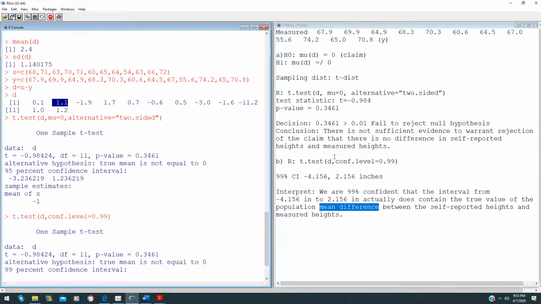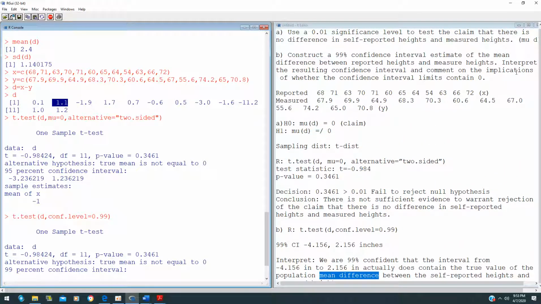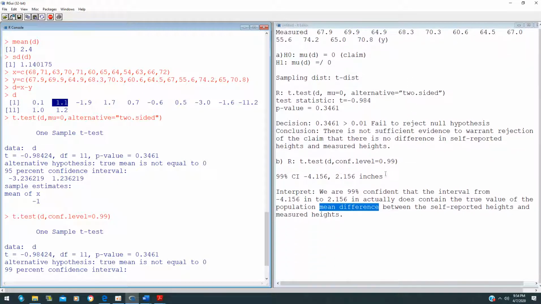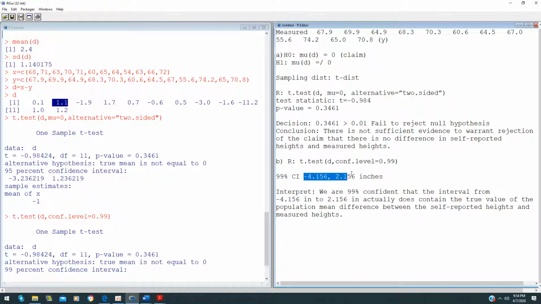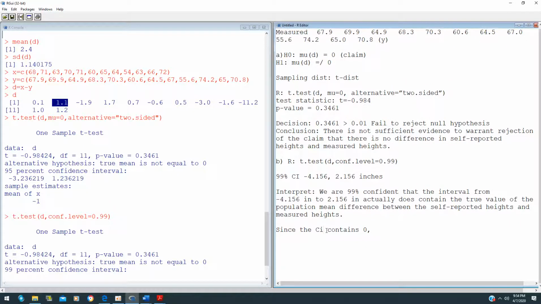Okay, and this question also asks us to comment on what happens when the confidence interval contains 0. In this case, your interval does contain 0, because 0 is between the negative and positive numbers here.